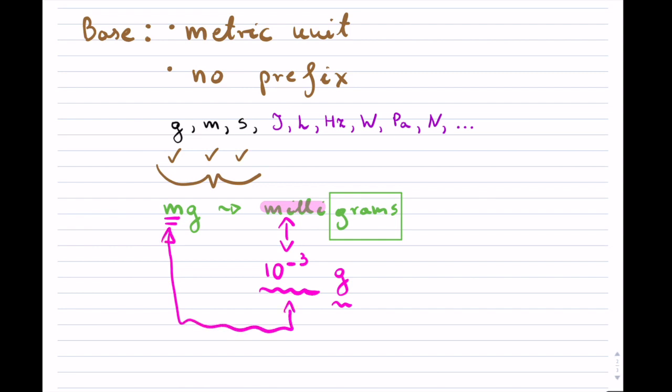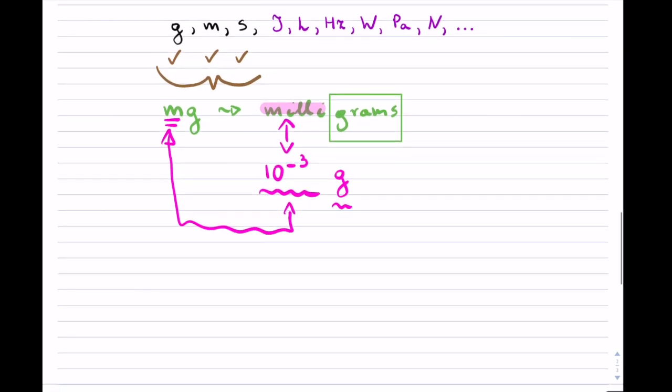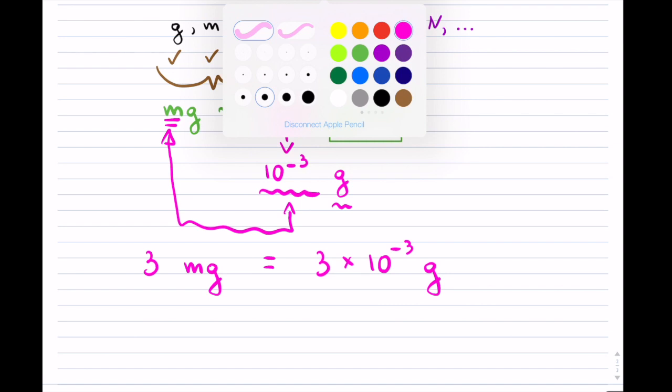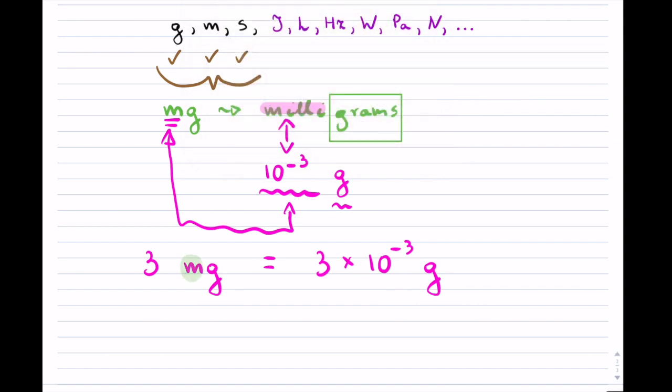So for instance, you could have written 3 milligrams, and that is equivalent to just simply writing 3 times 10 to the minus 3 grams, where we have our actual symbol, which is milli, and that is this 10 to the minus 3, which is being multiplied.